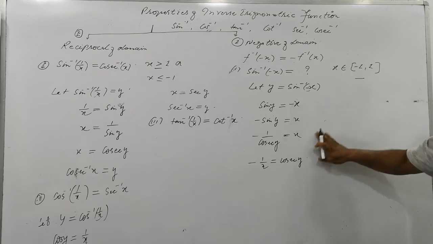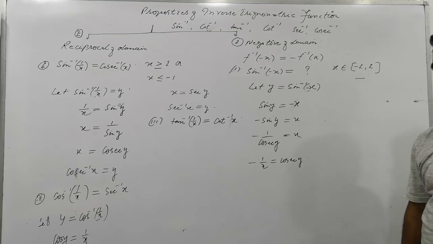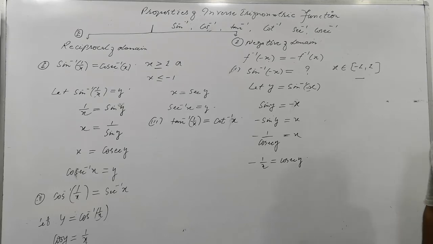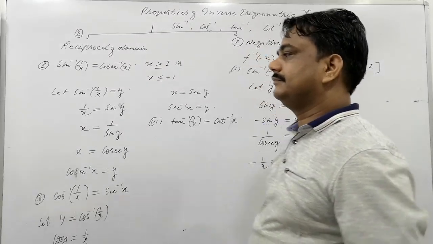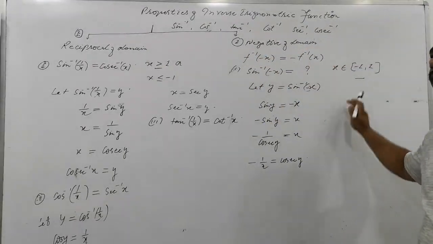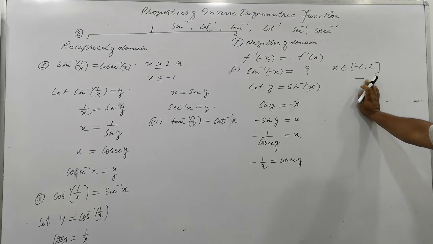The negative is taken as minus 1 by x and cosec y. Which identity will we use? The identity of t of minus theta and t of theta.